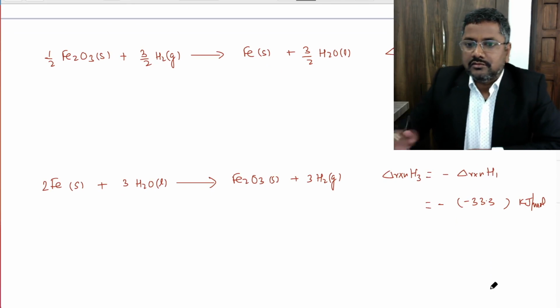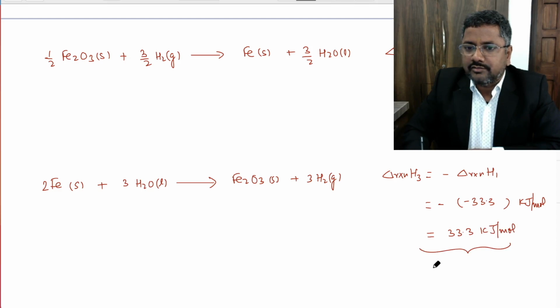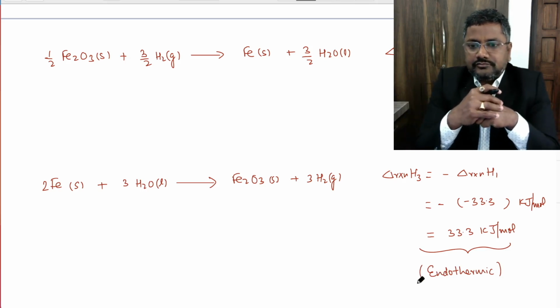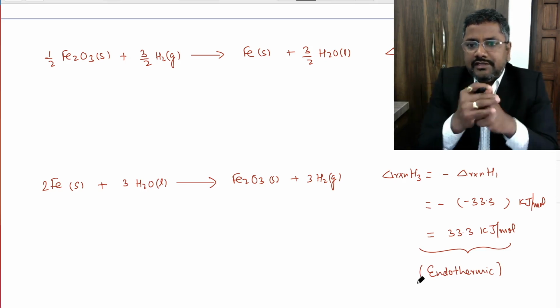So this is equal to 33.3 kilojoules per mole. So this reaction becomes endothermic. Which means if you reverse the direction of any reaction, the sign of delta H will change.